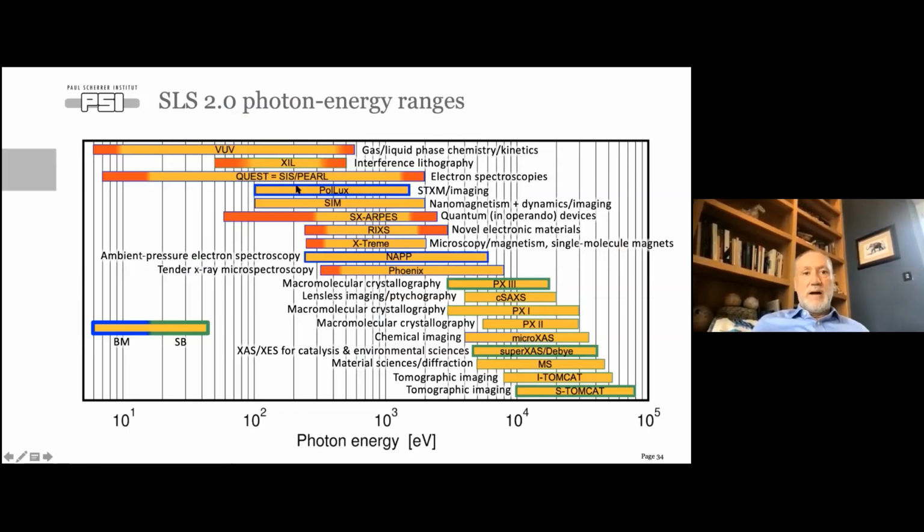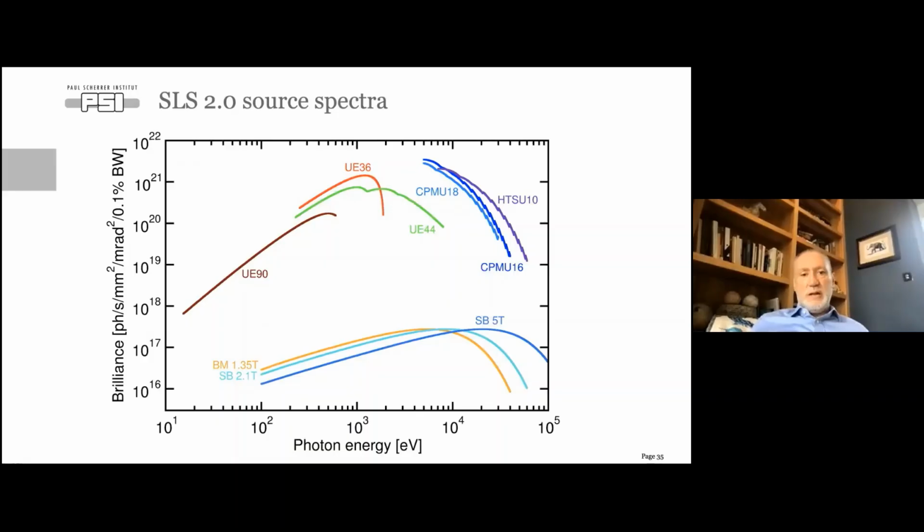Just to highlight the beamlines which have a bold border, means that they are either a bending magnet if they're blue, or a super bend if they are green. And this is essentially an overview of the brilliance of the different sources which we will be using at the SLS2 facility.